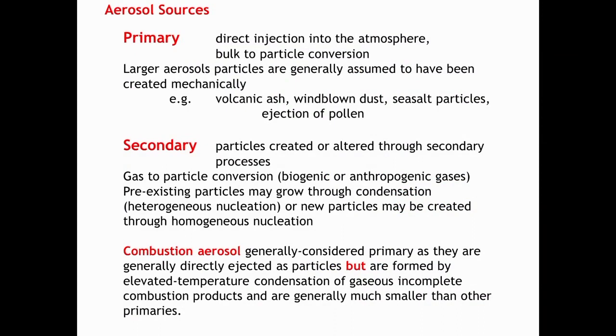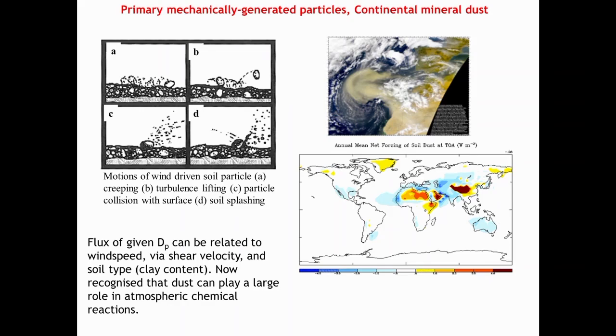And so they can be considered secondary if they're in the combustion chamber, and they can be considered primary if they're measured after the exhaust. So primary particles. Let's go through the different sorts of primary particles. As we say, they are direct injection or emission of the condensed phase into the atmosphere.